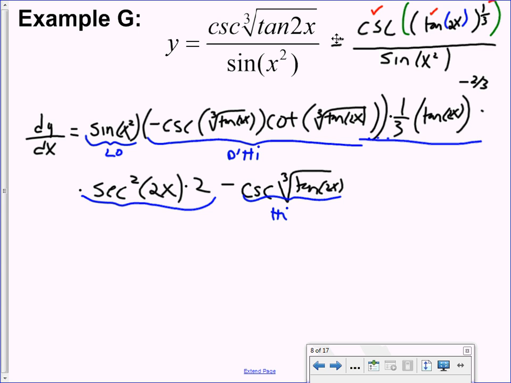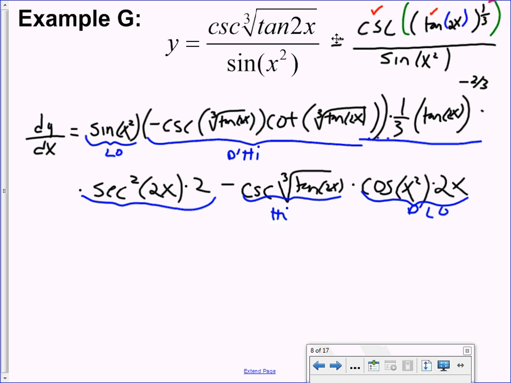Oh, another little chain rule. It's a composition of functions. The derivative of sine of x squared is going to be cosine of x squared times the derivative of the inside. The derivative of x squared is 2x. That's our d low.